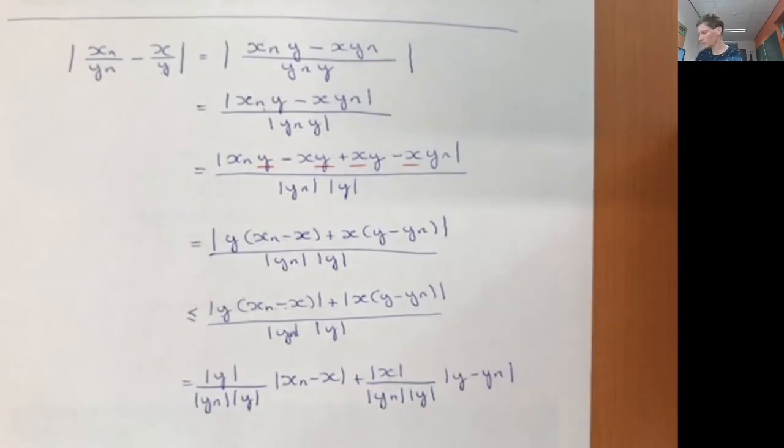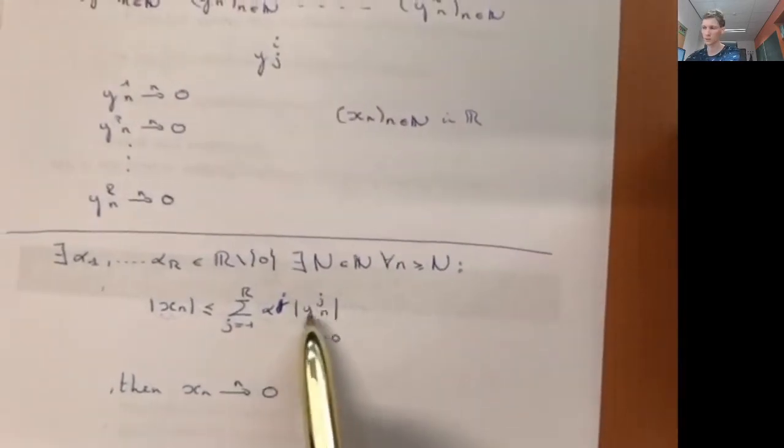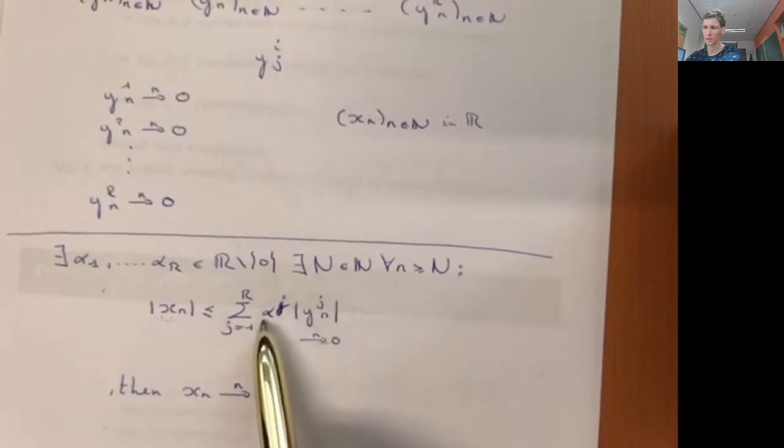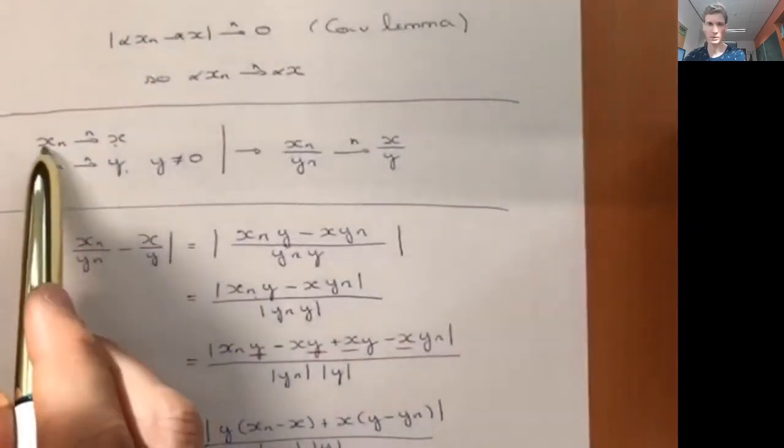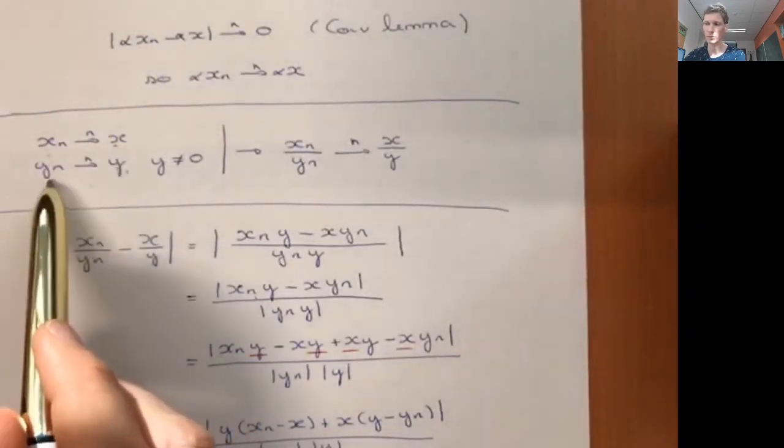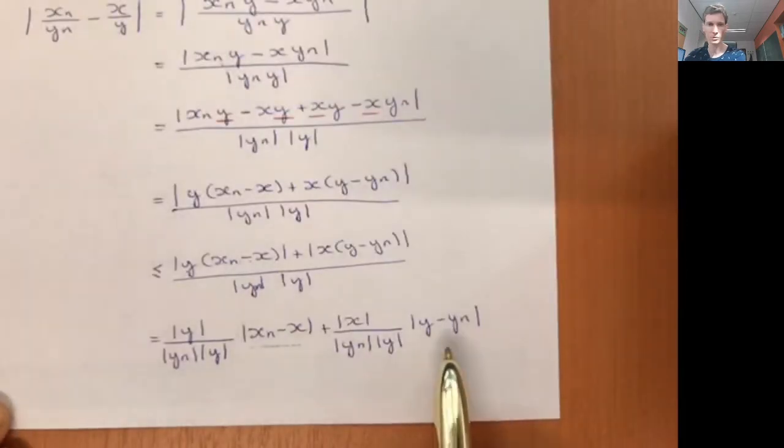We're getting closer to an expression where sequences that converge to 0 are multiplied by some number. Here we have a sequence that goes to 0, because xn goes to x, and yn goes to y, so this sequence also goes to 0.